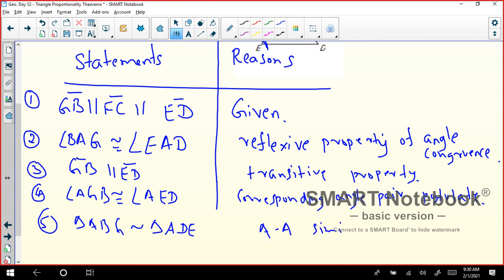Whenever we have two angles congruent to two angles in the other triangle, then both triangles are similar. Okay, I've done this proof.